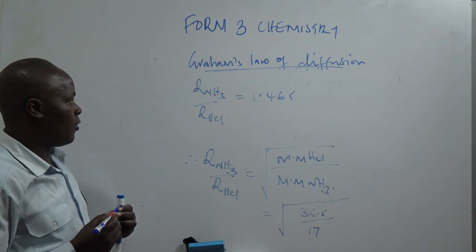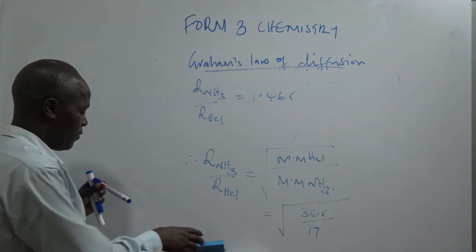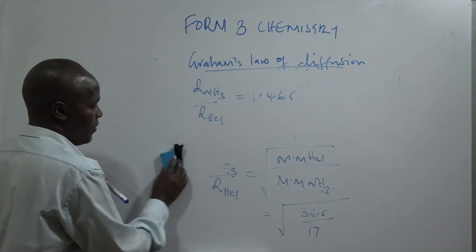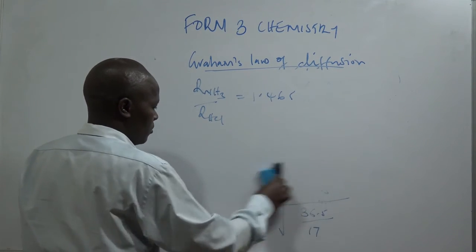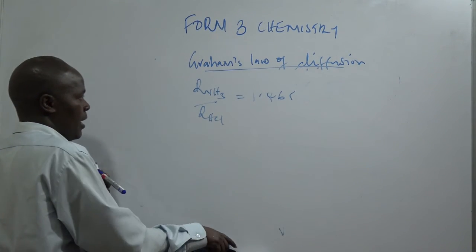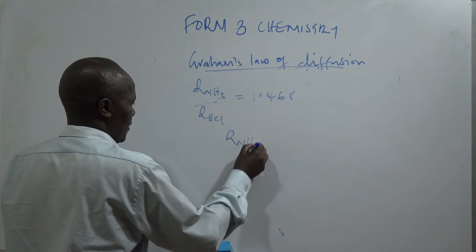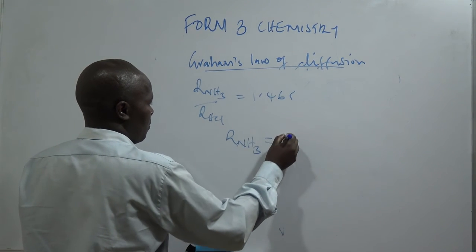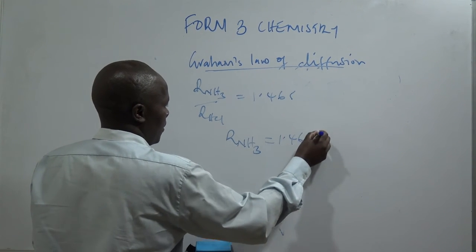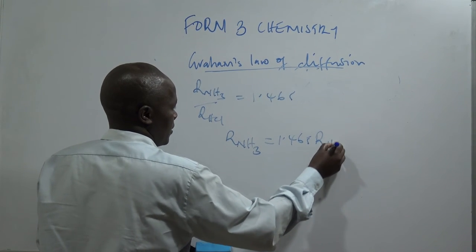Making the rate of diffusion of ammonia gas the subject of the formula, you will have the rate of diffusion of ammonia gas equal to 1.465 times the rate of diffusion of HCl.